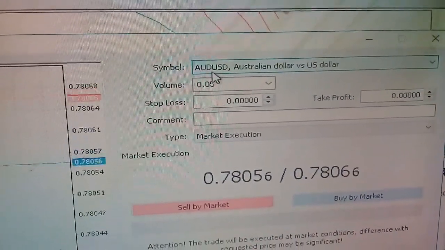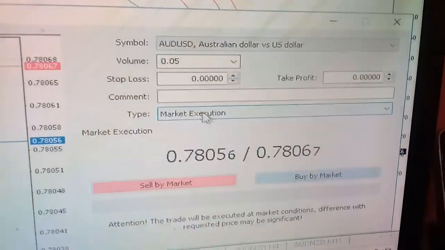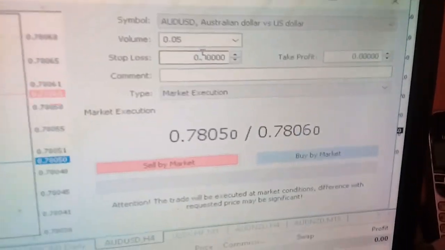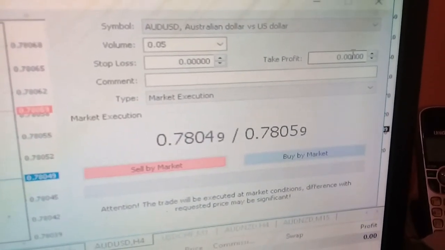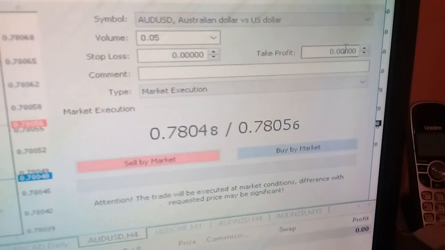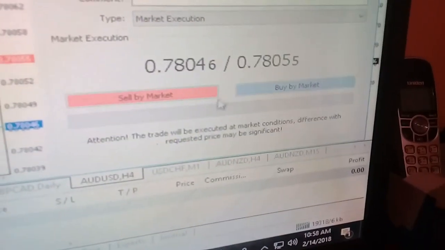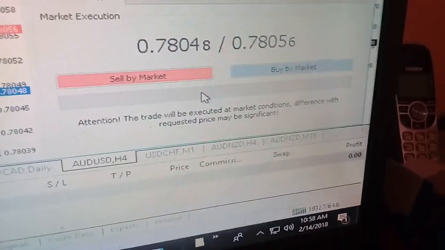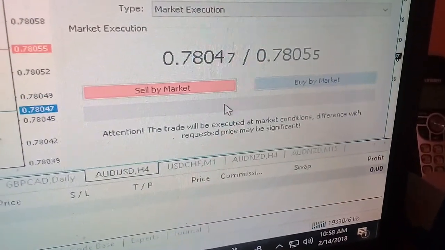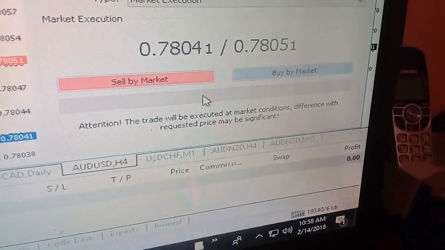Again, this is the Australian dollar versus the US dollar. I'm not going to put in a stop loss, which is a security mechanism. I'm not going to put in a take profit, which is what I anticipate to come out of the market. This video tutorial is just to show how you can make money in the Forex market, and I will come out instantly when I recognize that I am in profit.